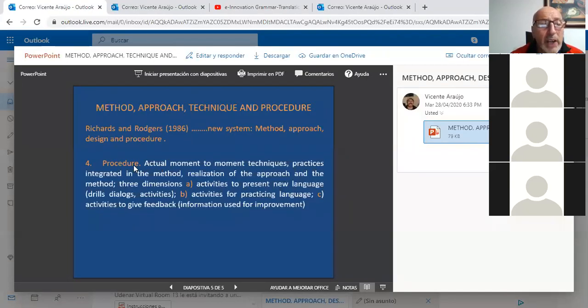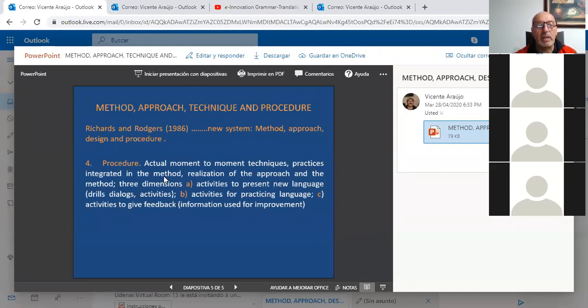So what is the procedure? The actual moment-to-moment technique. It is what actually happens in each minute in class. That's the procedure. And it includes practices integrated in the method.